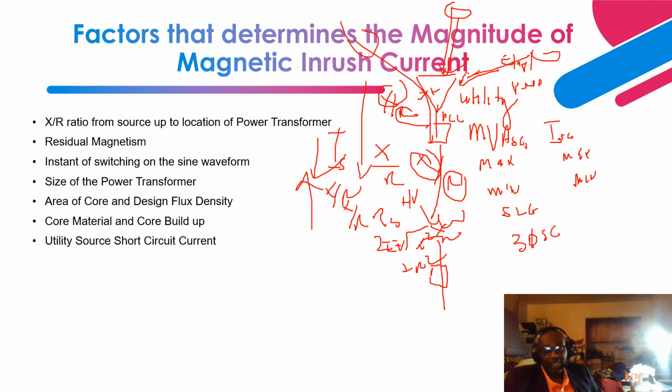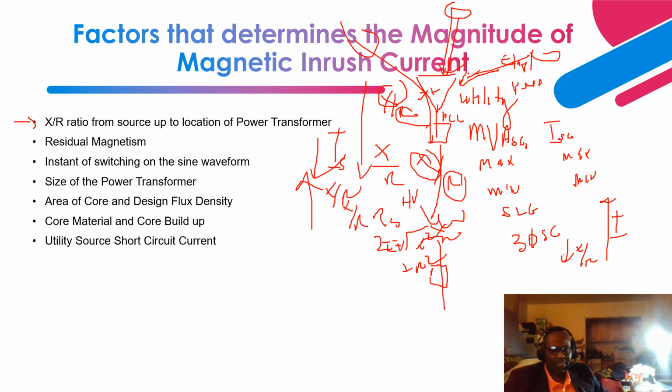The lower your X over R ratio, the higher your magnetic inrush current. So that explains how X over R ratio plays a factor in determining the magnitude of the magnetic inrush current.